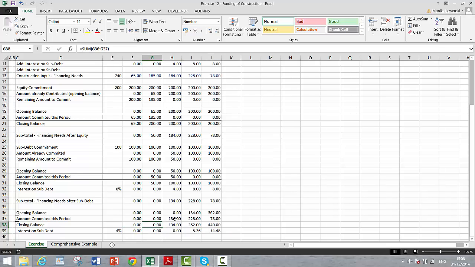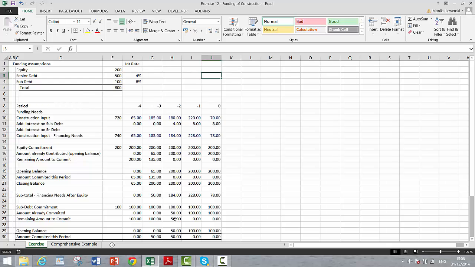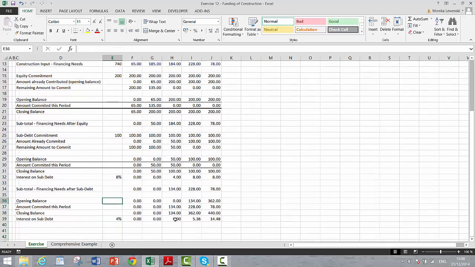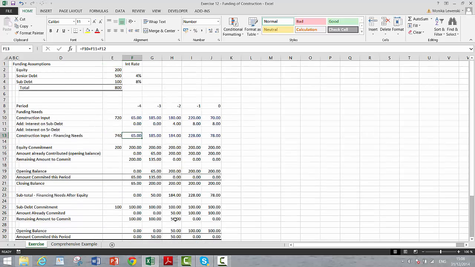Now here's the problem, our balance of debt went to 440, and we said we needed 500, so far we've committed too much debt. Okay, but we haven't put the interest in yet, so let's put the interest in.